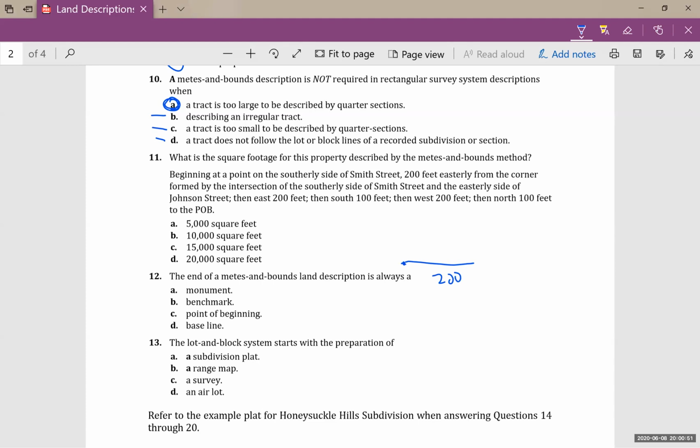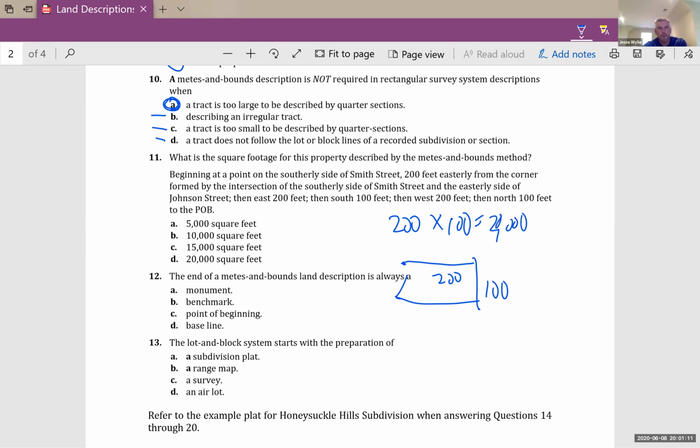Then south 200 feet, then west 200 feet, then north 100 feet. So basically it's 200 times 100 gives you what? 20,000. Make sense? So the answer is D as in dog.